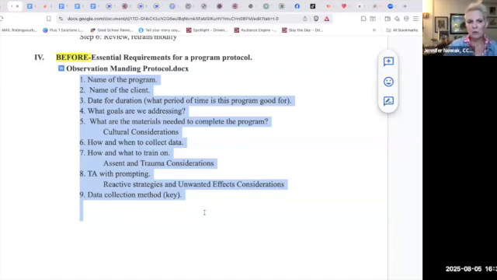So the name of the program. Those of you that work with kids with IEPs, they may have 12 or 15 goals, 2 or 3 for language, 2 or 3 for English, grammar, 2 or 3 for math, 3 or 4 for speech and language.